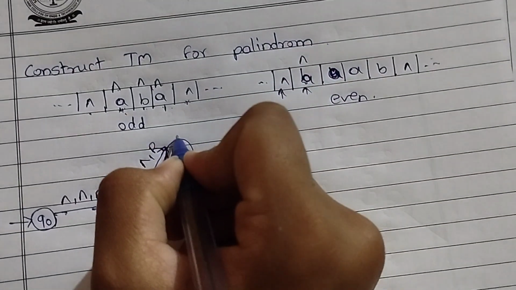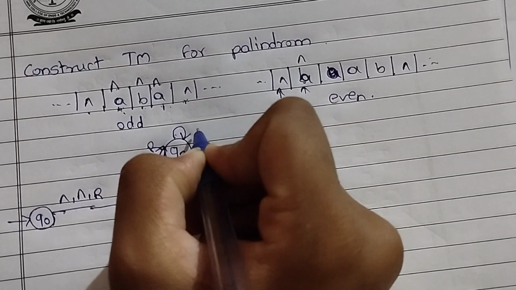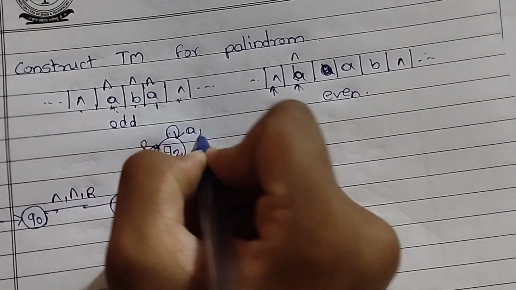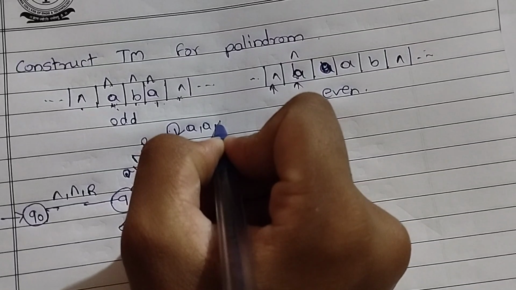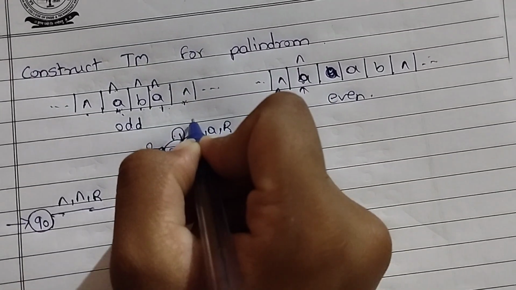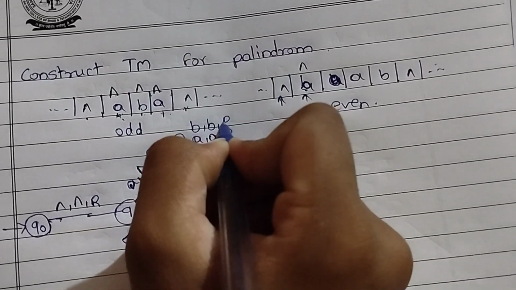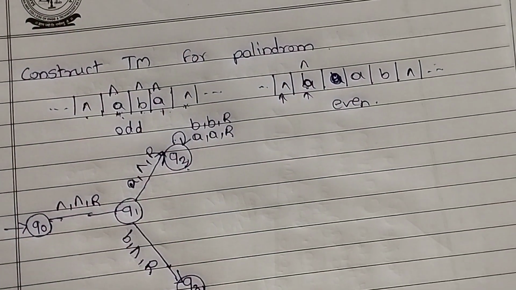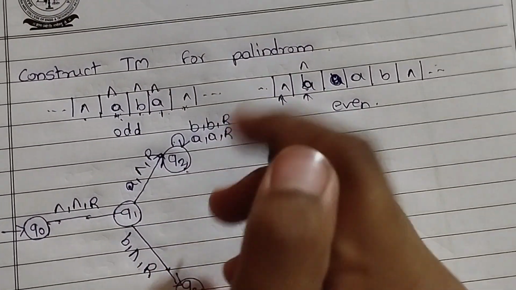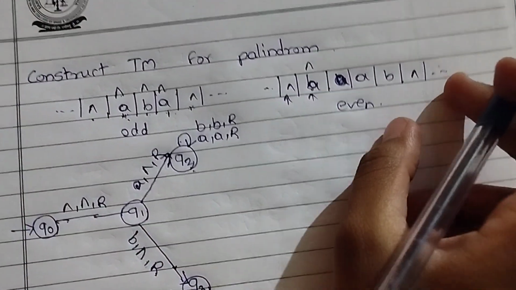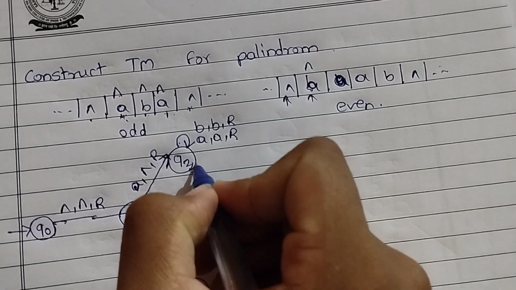For that we write the transition like this: if you read A, keep A as it is and move to the right, and if you read B, keep B as it is and move to the right. So this transition will form, and by using it we completely reach the right side and read the null.